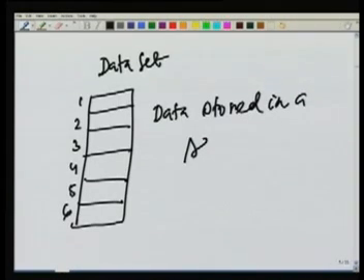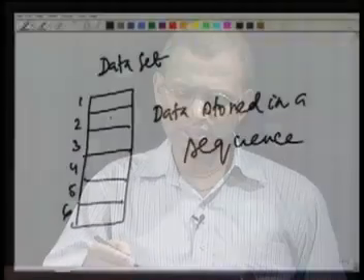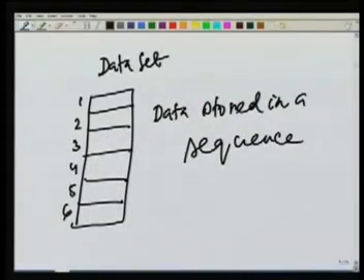If data is stored in a sequence, then when I present this data to a network, I can only present it in that sequence.